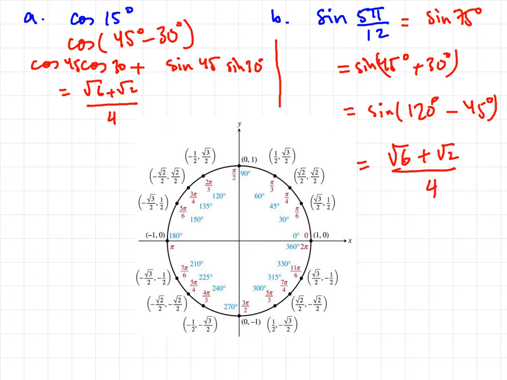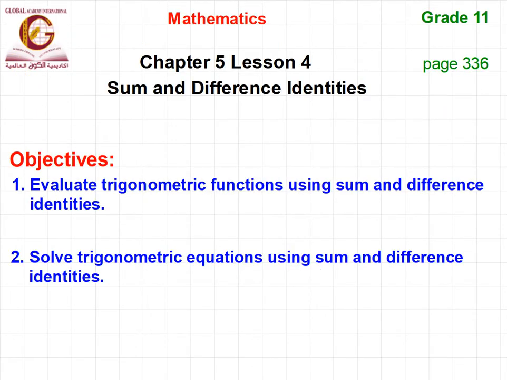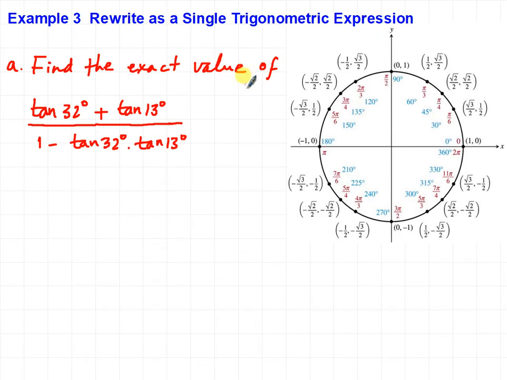Now we continue with the lesson, and we move on to example number 3. In example number 3, we have to rewrite as a single trigonometric expression. This one, tan 32 plus tan 13 over 1 minus tan 32 degrees times tan 13 degrees. How can I write this as a single expression, or how can I find a value for this?